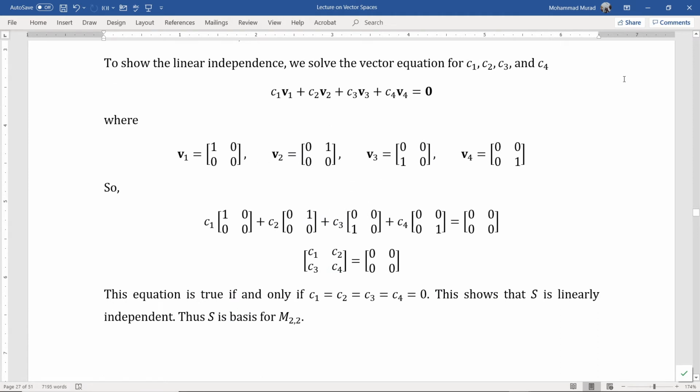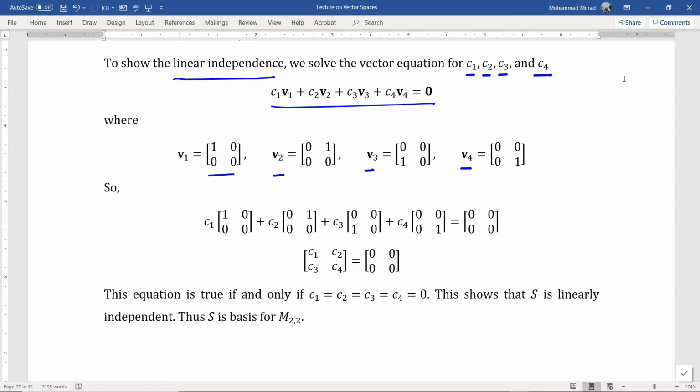To show the linear independence, we solve the following vector equation for C sub 1, C sub 2, C sub 3, and C sub 4, where V sub 1 is the matrix 1, 0, 0, 1, and the matrices V sub 2, V sub 3, V sub 4 are as shown.